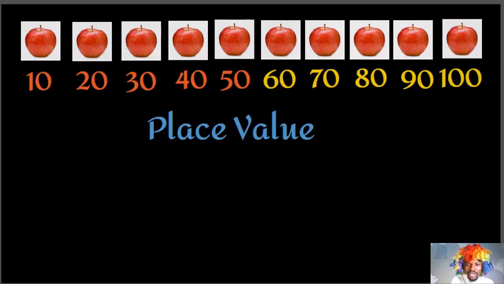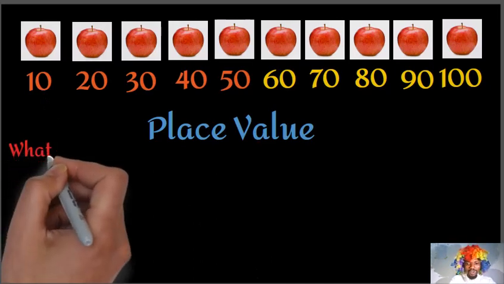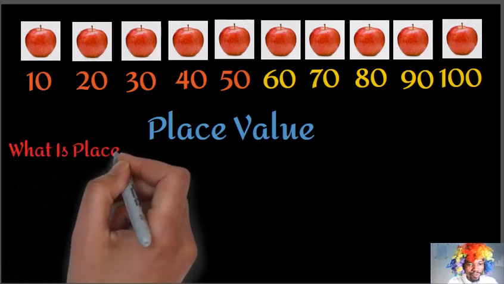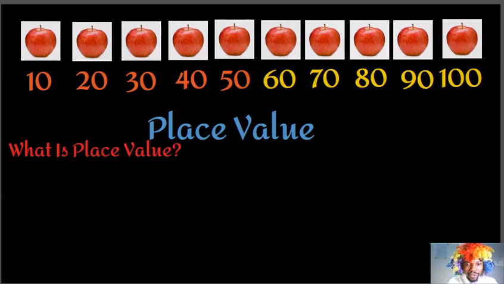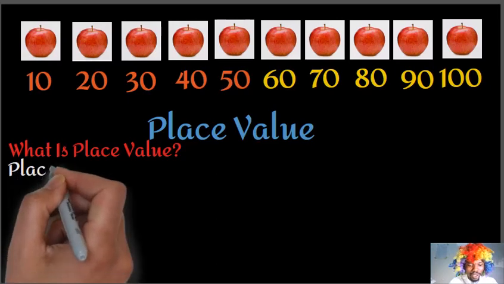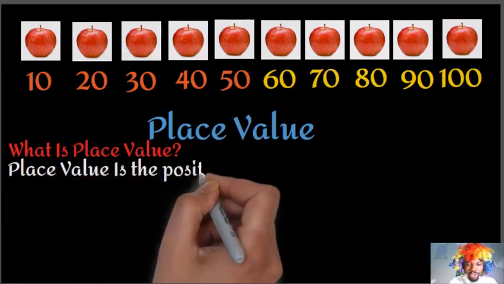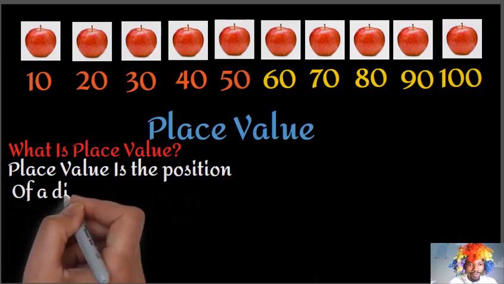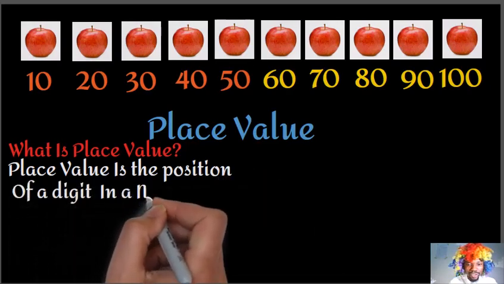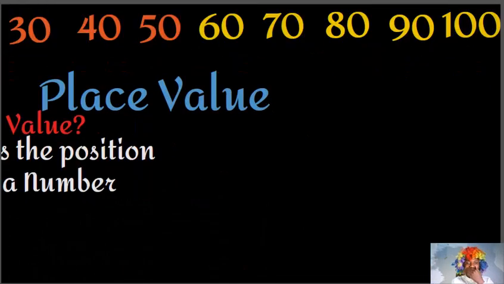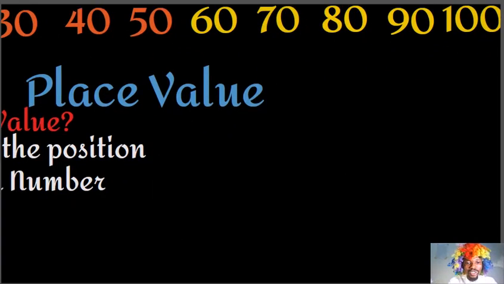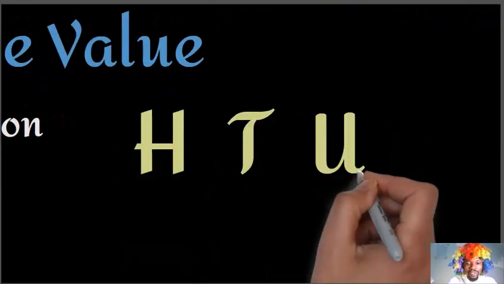But let us write it down so that if you're writing your notes, you have something to write down. What is place value? A place value is the position of a digit in a number.